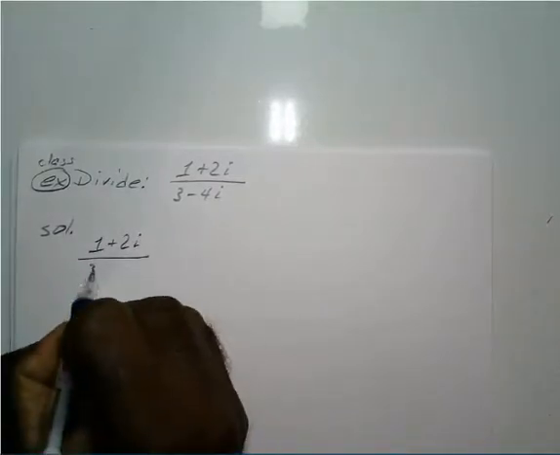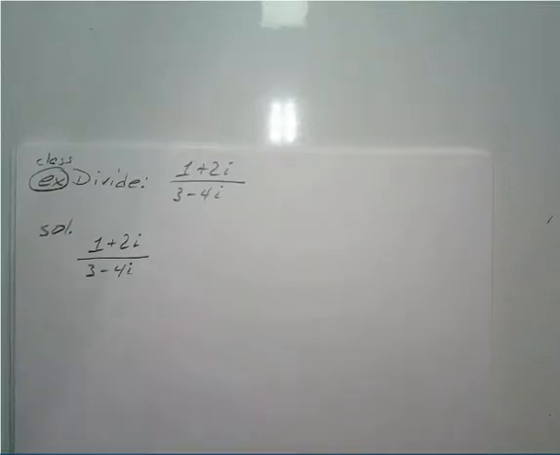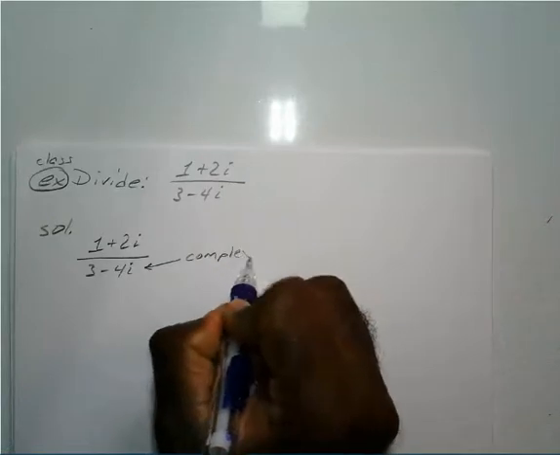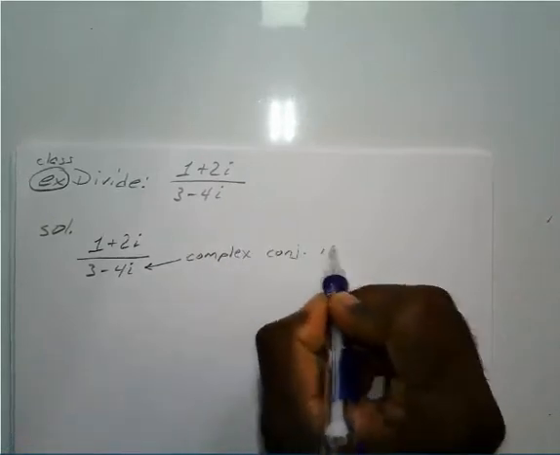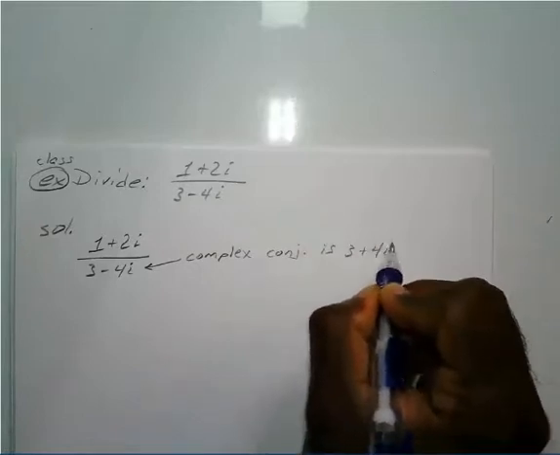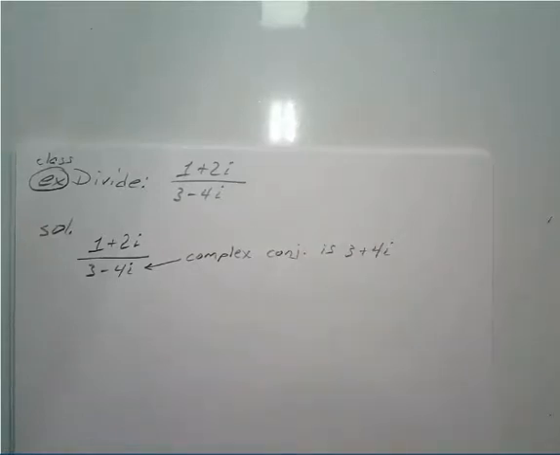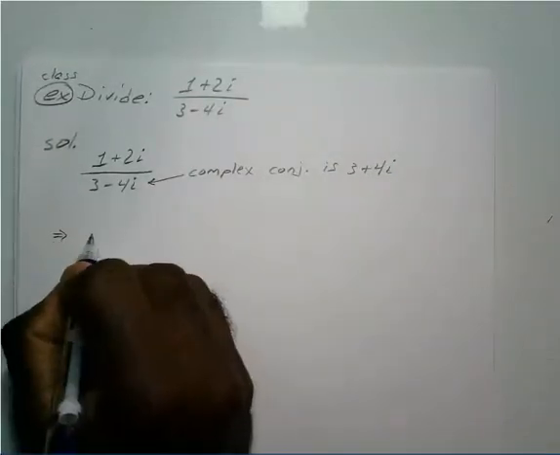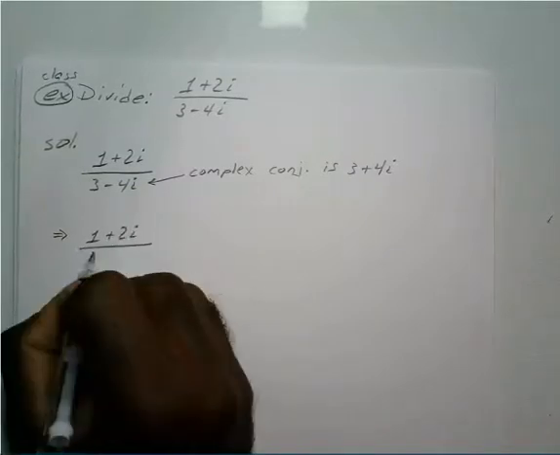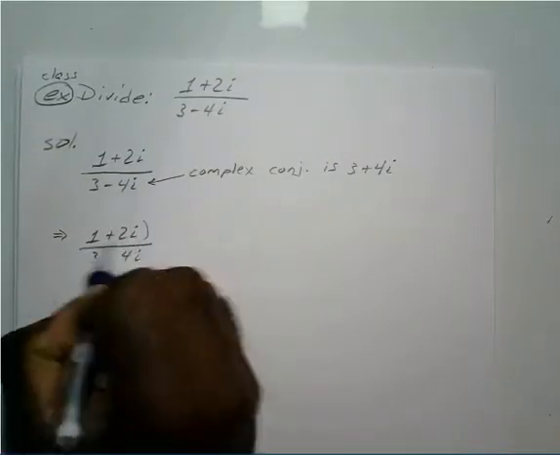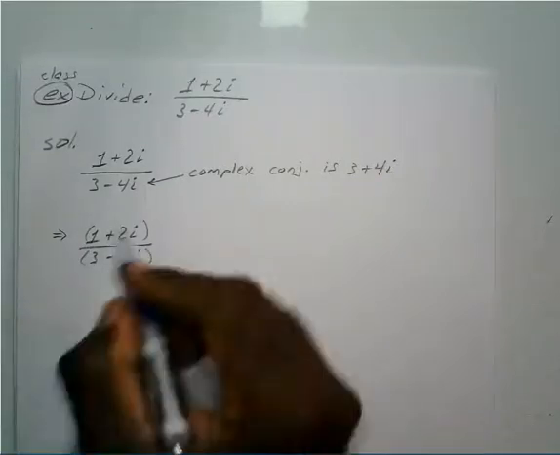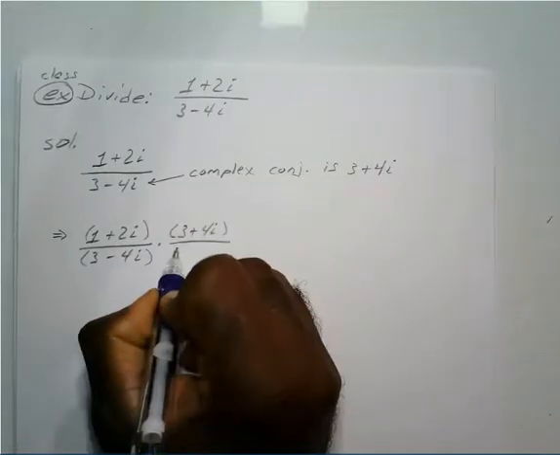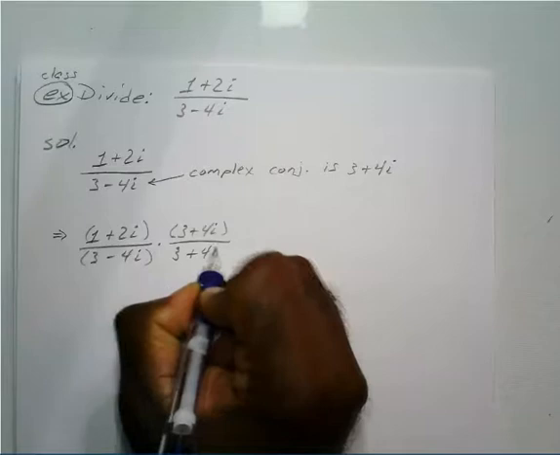So writing down our original problem, we know here that the complex conjugate is 3 plus 4i. Okay, so that means we have 1 plus 2i over 3 minus 4i, and we can put parentheses around those, times 3 plus 4i over 3 plus 4i.